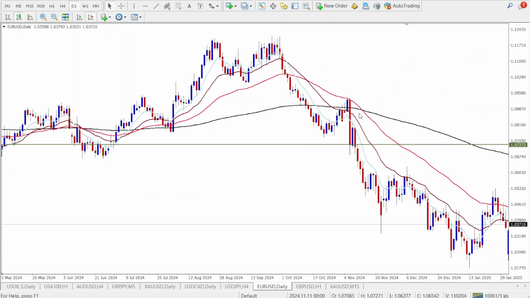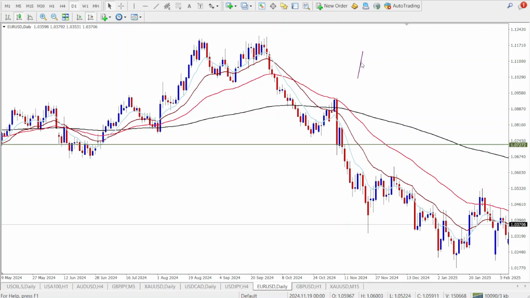And then the morning and evening stars are also important candlestick patterns. They come in threes. You have a bullish candlestick, a doji, and a bearish candlestick representing an evening star. That's for an evening star.